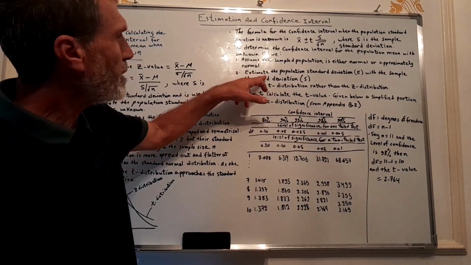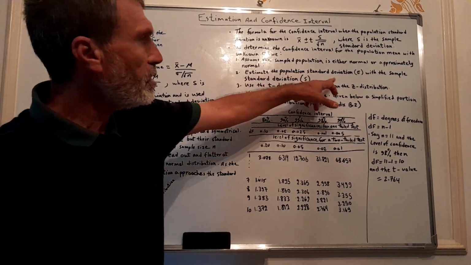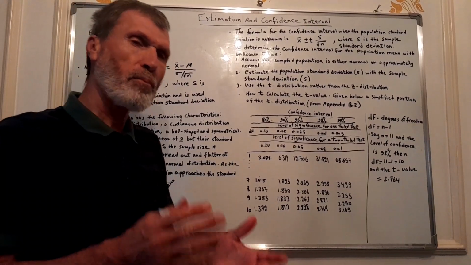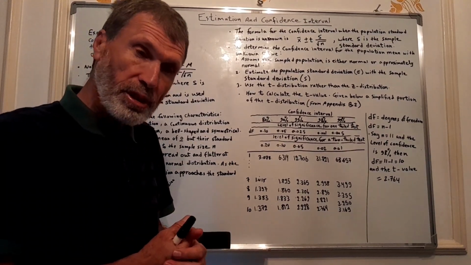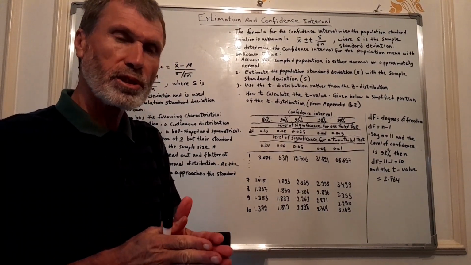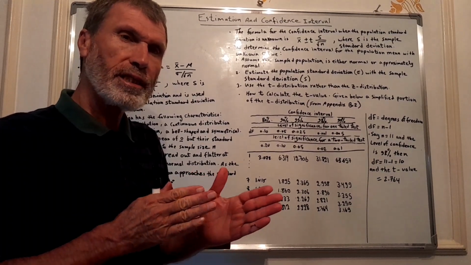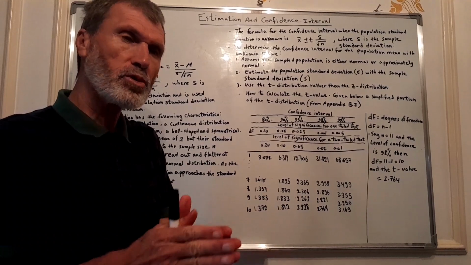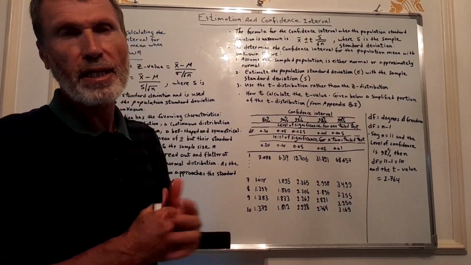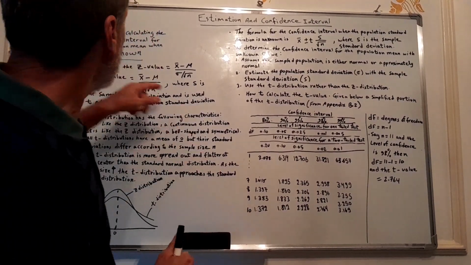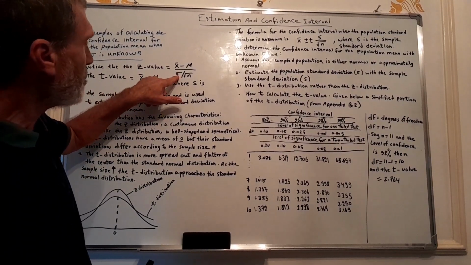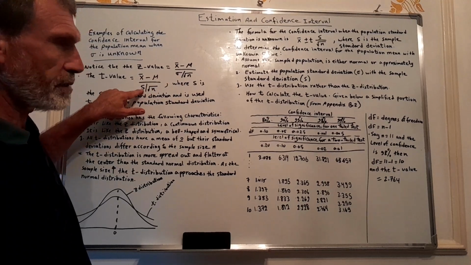Second, we're going to estimate the population standard deviation with the sample standard deviation. So when the population standard deviation is unknown, instead of sigma, we're going to use the sample standard deviation, as you see in this formula. So instead of sigma, we put S.